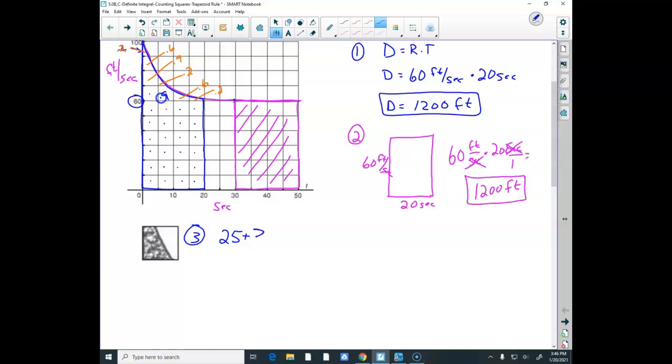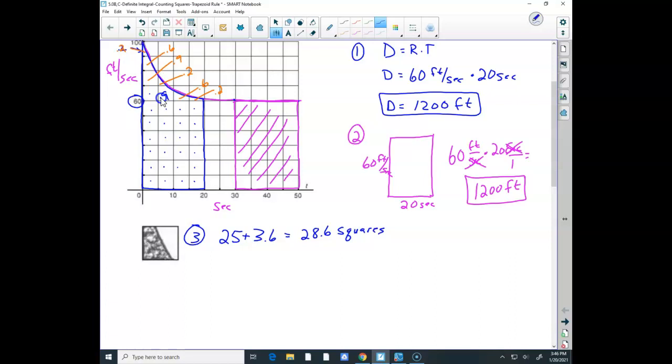So I get 3.6 more when I add up all those partial squares, which in the end is going to equal 28.6 squares, okay? And that's when I'm counting my squares.